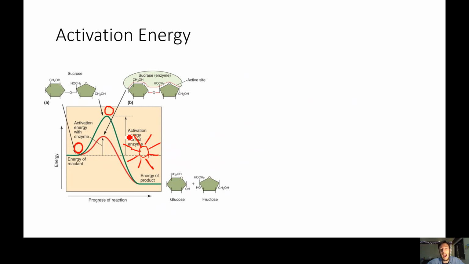Regardless, something is going to happen because of this fall. So in order for us to get to that point, however, we need to exert a certain amount of energy. And that energy that we exert to get to that point is known as activation energy, or E of A, energy of activation.